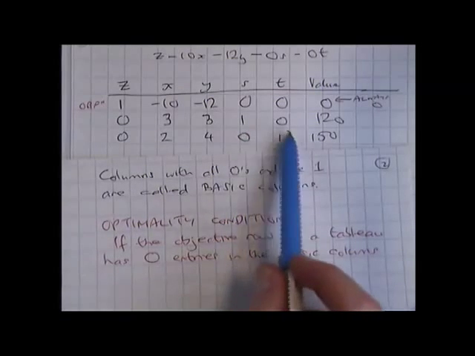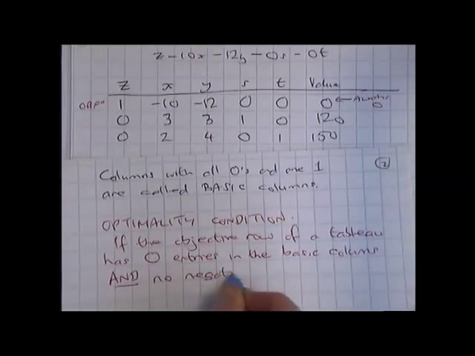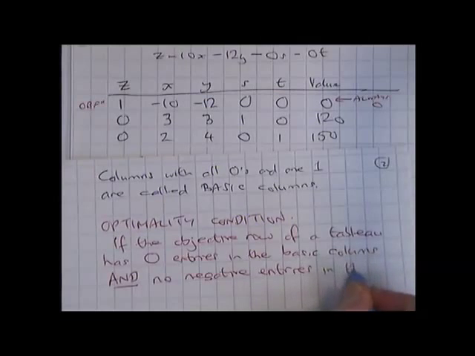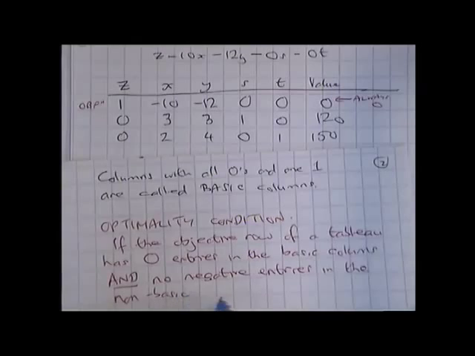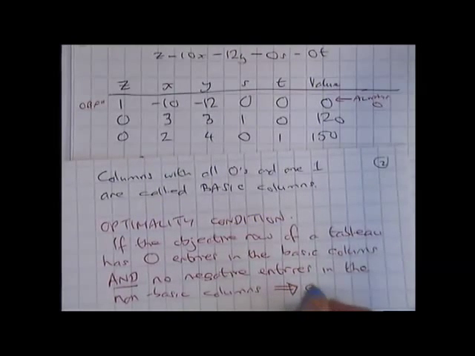Because the basic columns are these two, and it does have 0 entries in the objective row. But something else has to happen, and no negative entries in the non-basic columns. Then that means you have an optimal solution.